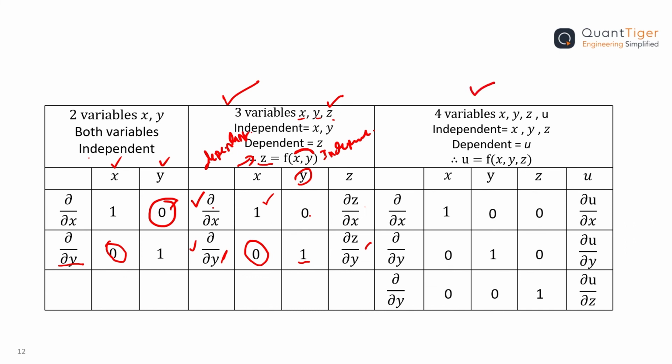With 4 variables, we use the same concept, but there are 4 variables: x, y, z and u. Whenever 4 variables come, the last variable, here u, will become a function of the rest of the three variables. All these three variables are independent of each other, but u is dependent on x, y, z.